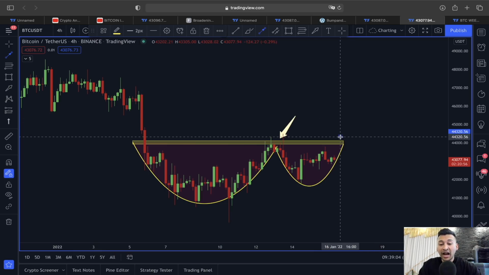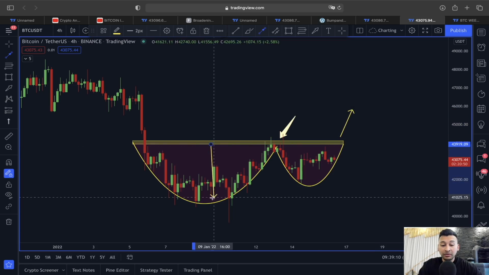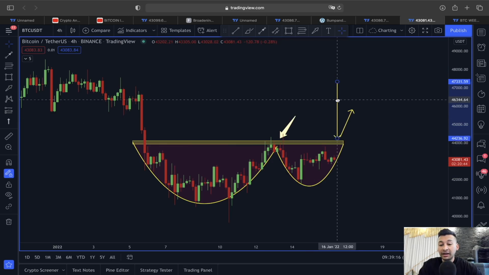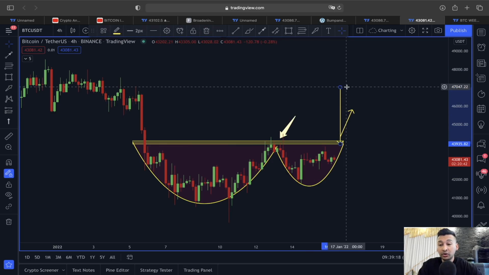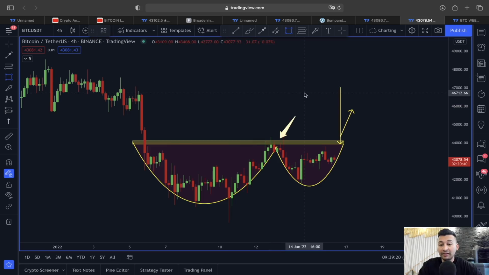Then there is a very high probability of price continuing this rally again to the upside, because according to this cup and handle, if you look at this price target, we can see very clearly that after breaking out of this neckline and flipping it into support, we could be gravitating towards this 47,000 range.